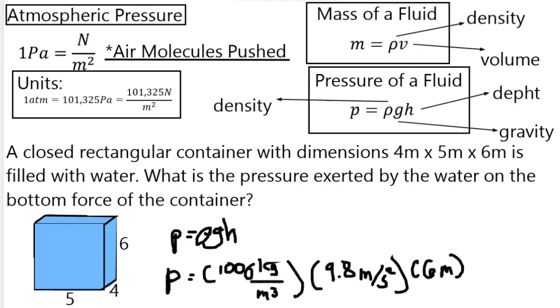So the pressure is 1000 times 9.8 times 6, which is 58,800 pascals. So this is the pressure.